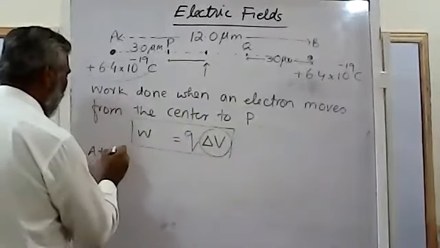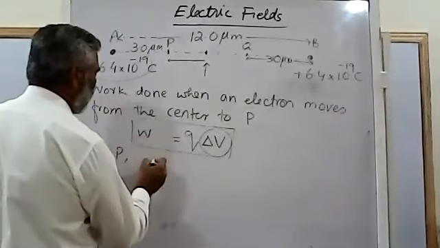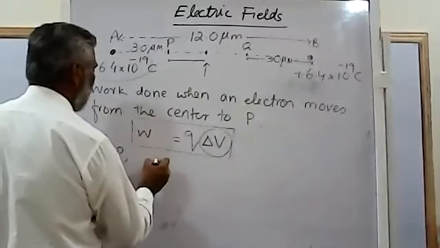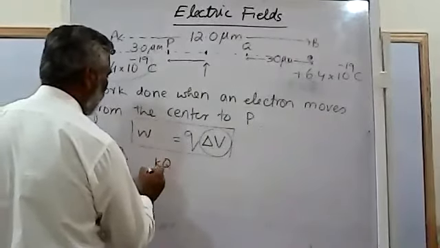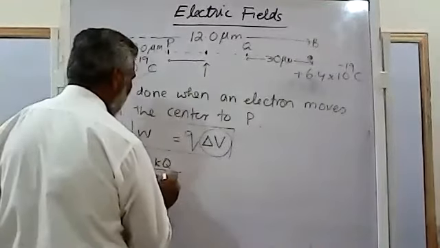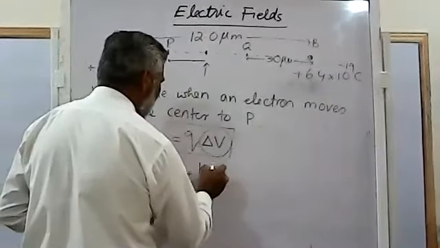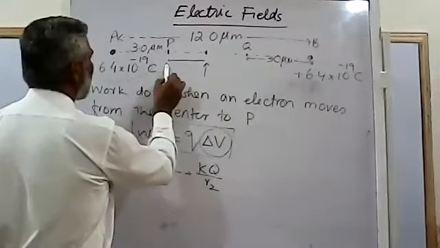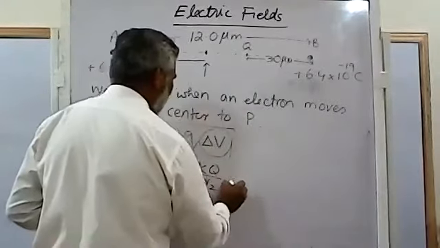At P now, the total potential at P due to the two charges is KQ over R1 plus KQ over R2, because R1 is this distance, R2 is this.